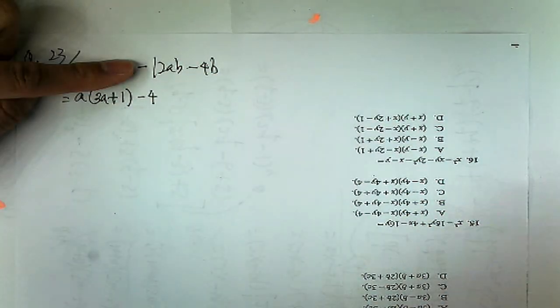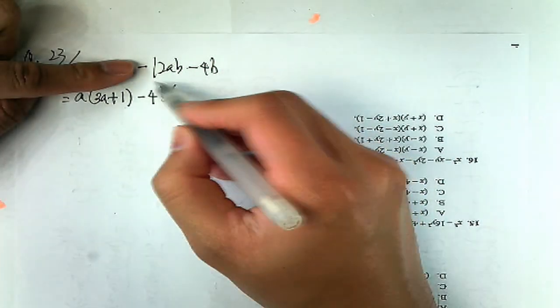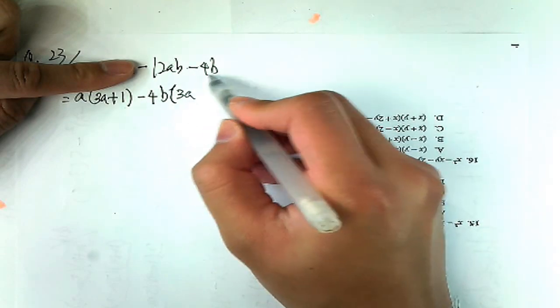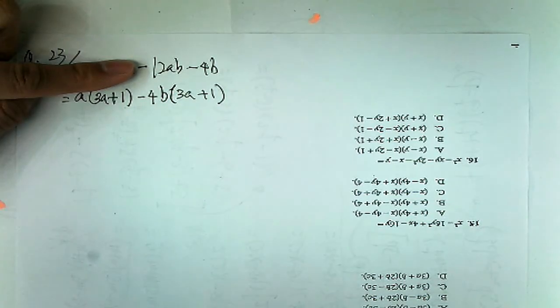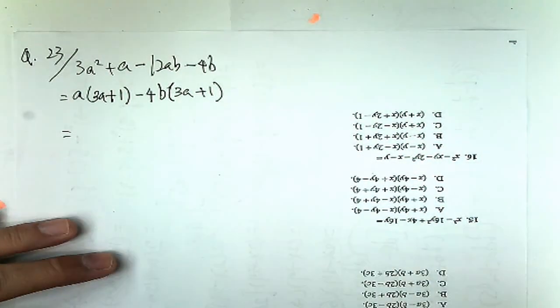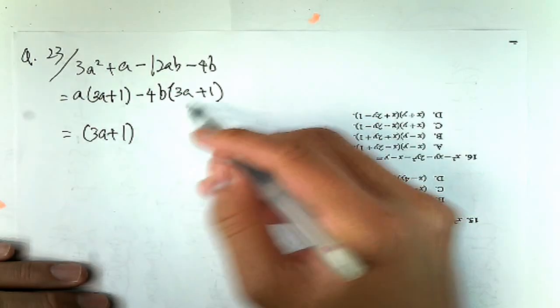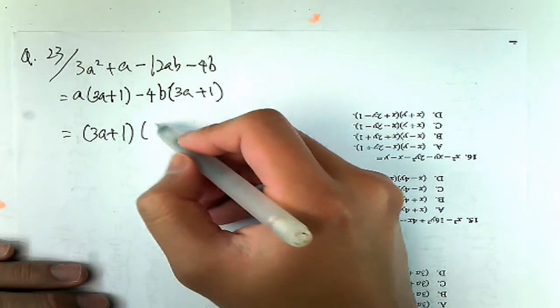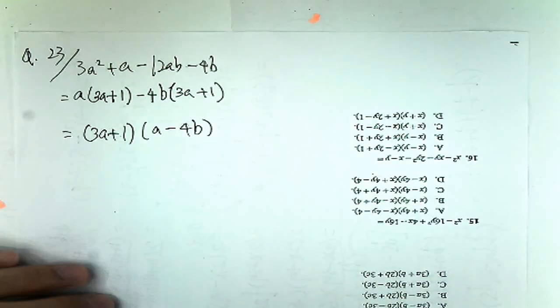Okay. And then a b, right? For these terms, what you remain is a 3a, right? The 4b minus, all pull out, you have to get a plus 1, understand? So now you create a 3a plus 1 to be common, right? So pull out a 3a plus 1, and then the next block will be 4 minus a minus 4b, understand?